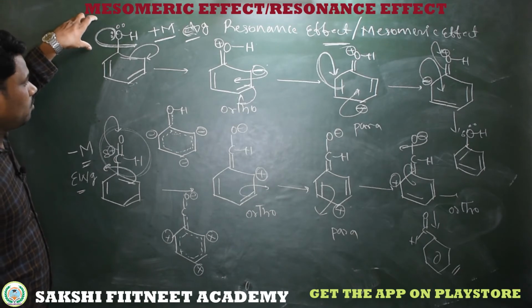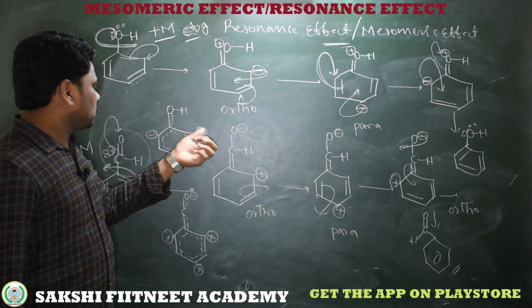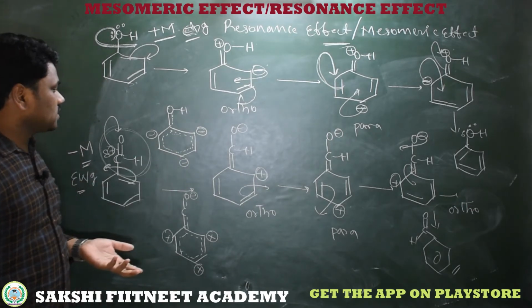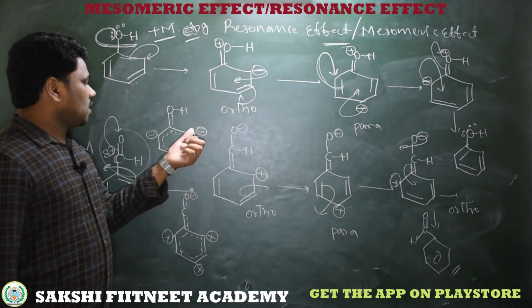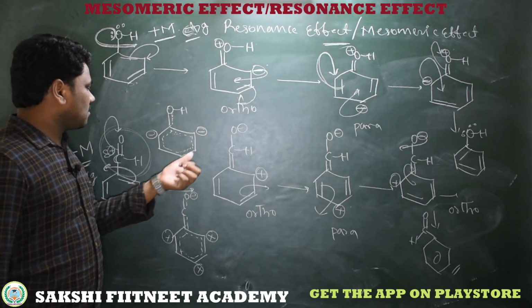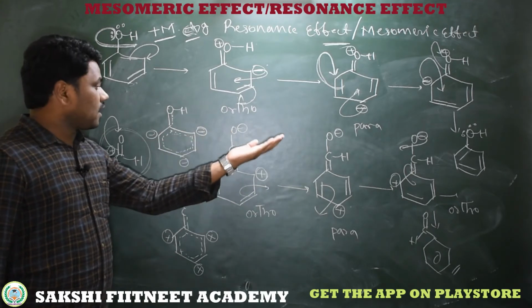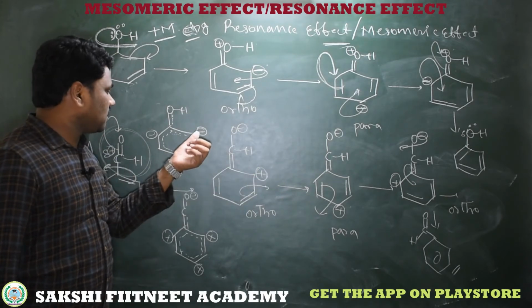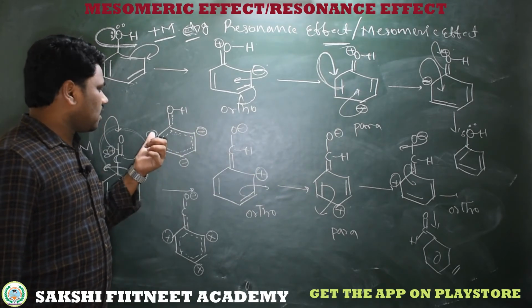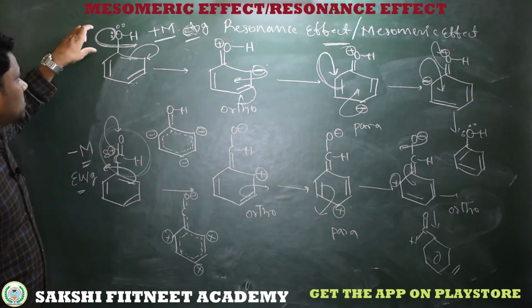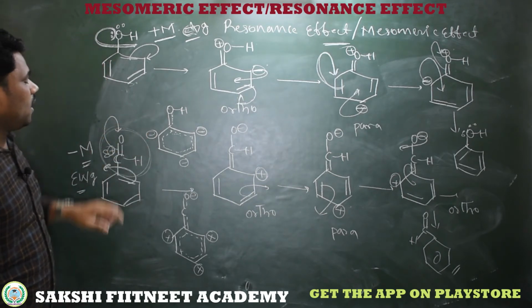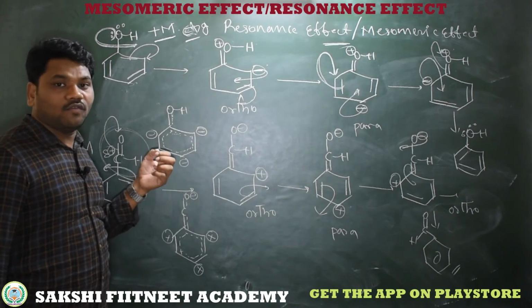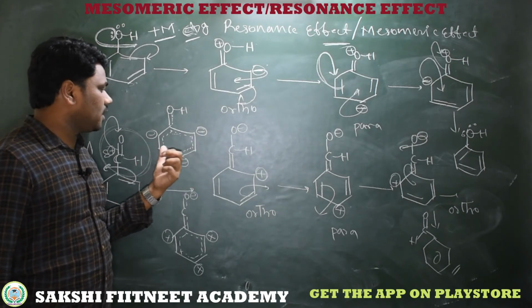In the presence of a plus M group, we are getting a negative charge in the ring at ortho, para, ortho. So obviously the electrophile attacks at ortho, para, ortho, because these carbons are electron rich carbons, and the coming fragment, the electrophile, is electron poor. So plus M group directs the electrophile to substitute at ortho, para, ortho, and the nucleophile at meta.